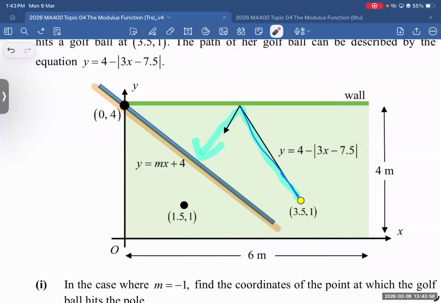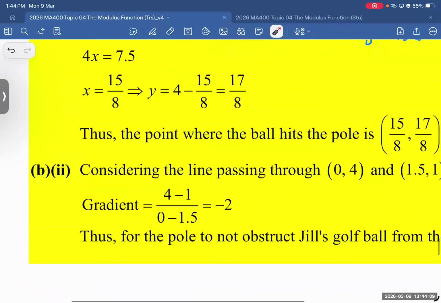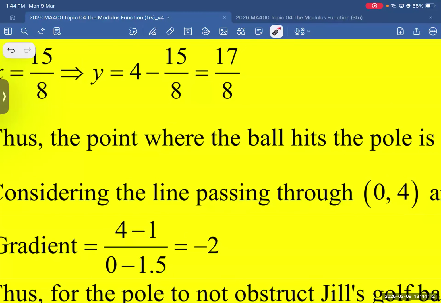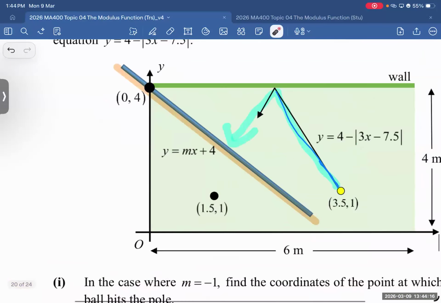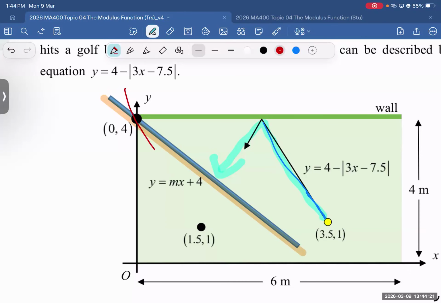Now, if I look at these 2 points, can you tell me the gradient of these 2 points? This 4 minus 1, 0 minus 1.5. The gradient is negative 2. If I look at this line here, this pole, the red line gradient is negative 2. Basically, what must I do? This one is fixed.